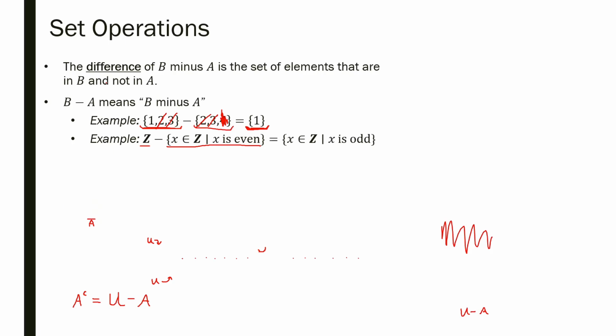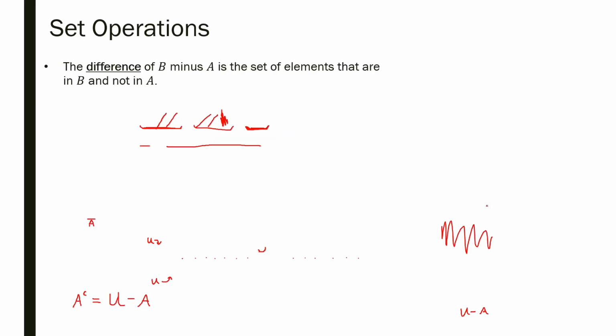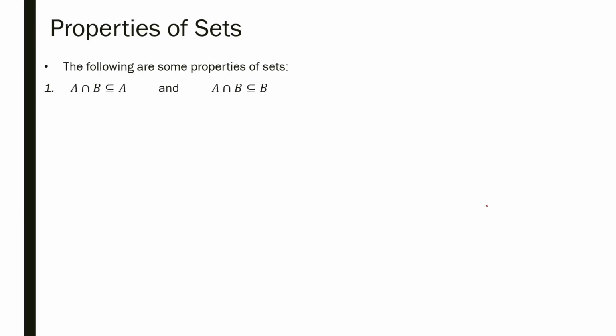A intersect B is this blue shaded region, and it's inside A also, right? So A intersect B is a subset of A. And similarly, you can see that A intersect B is also a subset of B.